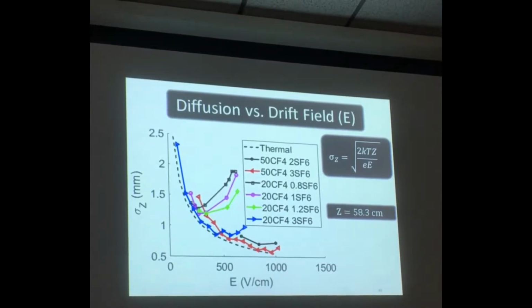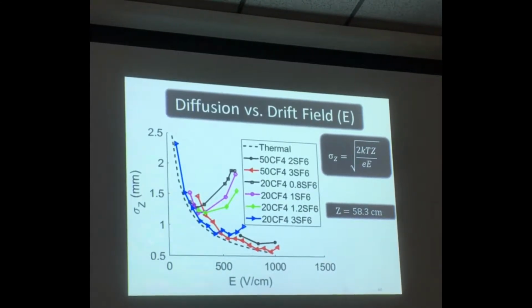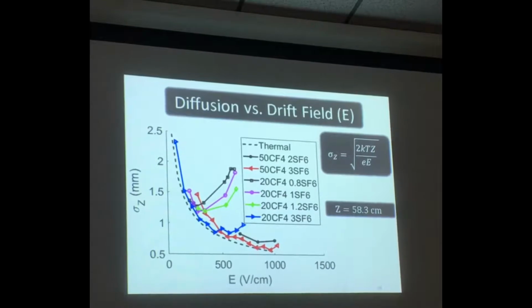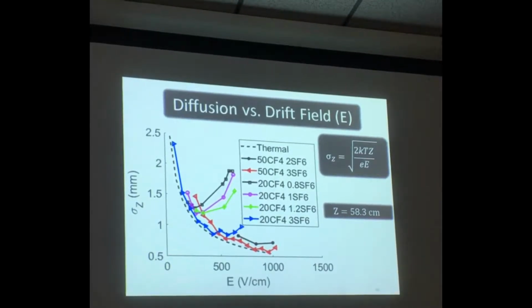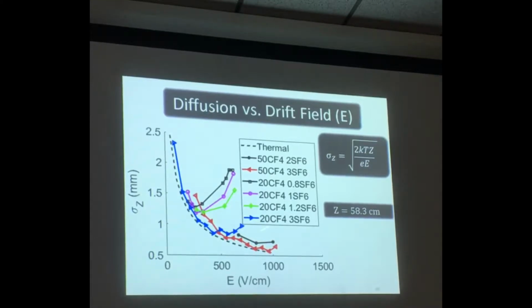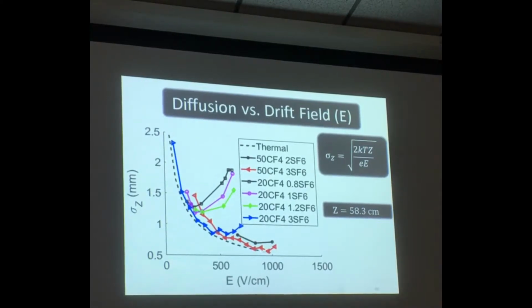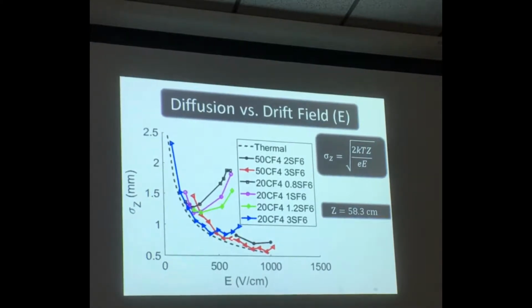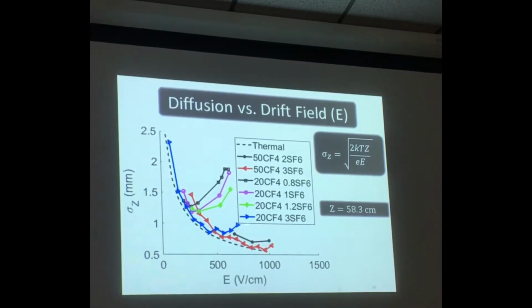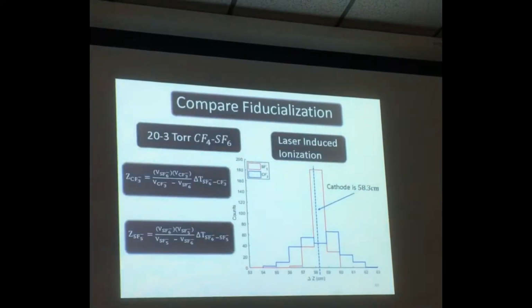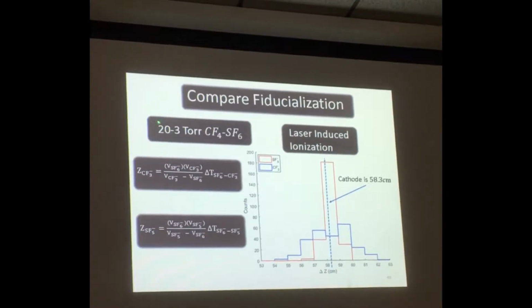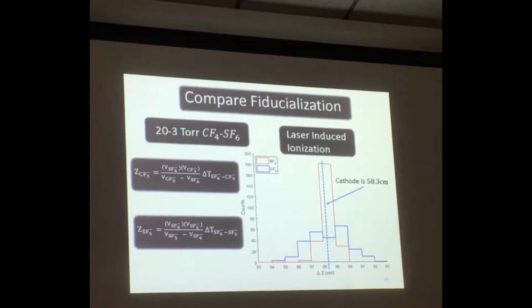In higher pressure, this 50 torr, the tracks are actually shorter than in this 20 torr experiment. So the optimal mixture that I move forward with is this 20 torr CF4, 3 torr SF6, which also has low diffusion but the tracks are longer. So I'm going to now show results for this 20 torr CF4, 3 torr SF6 mixture.